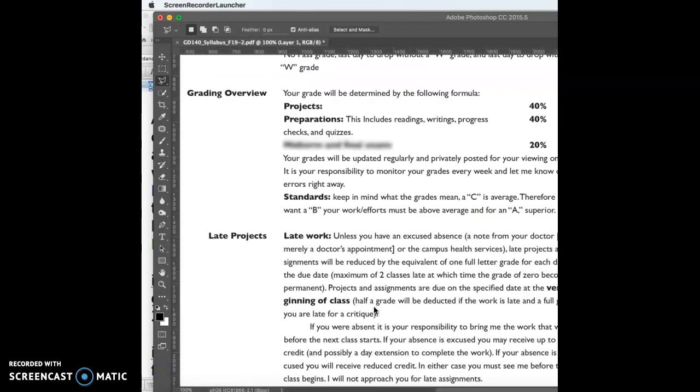Okay, so moving on to grades. Your grades are made up of three different items. You have the projects, then you have preparations, which include getting ready for the projects, possibly assigned readings, writings, quizzes, and the big thing that gets you aligned with the projects are what I call process checks.